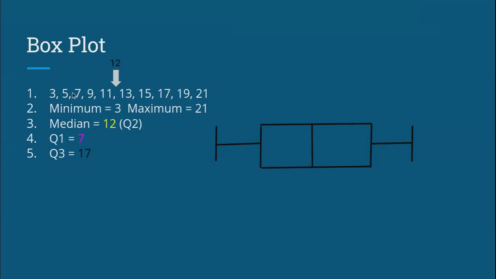Okay, so again, the first line should be your data set in numerical order. And I would ask that you put an arrow or some indication that shows that the median is 12, even though 12 is not a member of the data set.